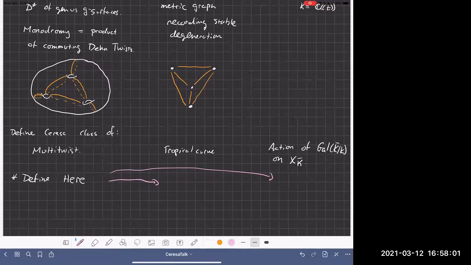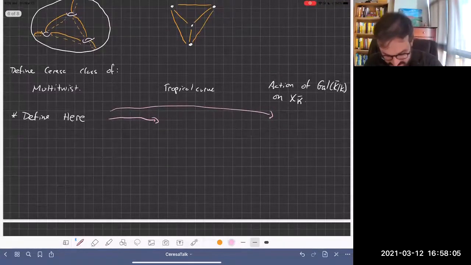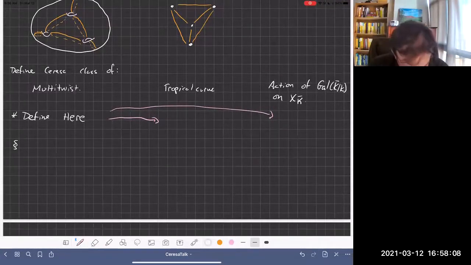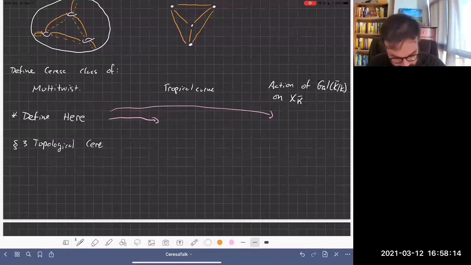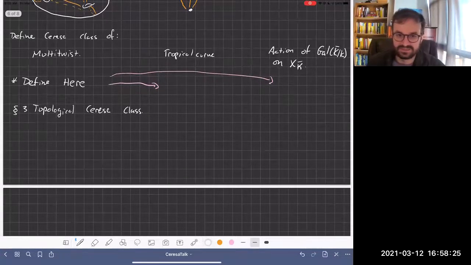Okay. So now let's define this topological Ceresa class. Here we're going to be entirely in the realm of surface topology. So I want to take some time to define some notation and recall some notions from surface topology.